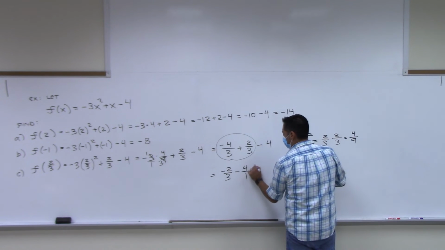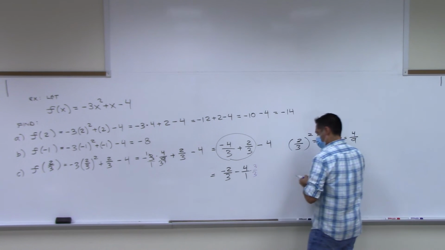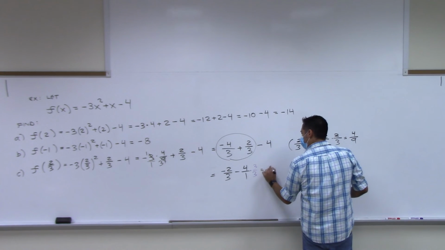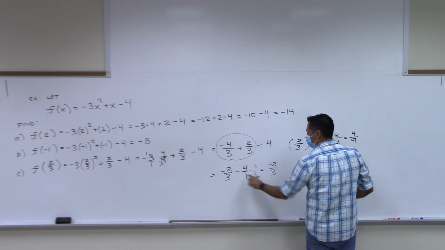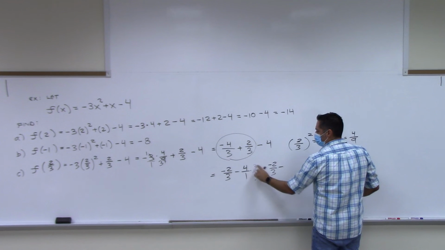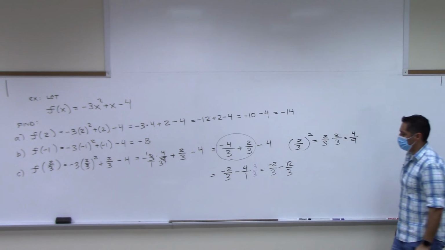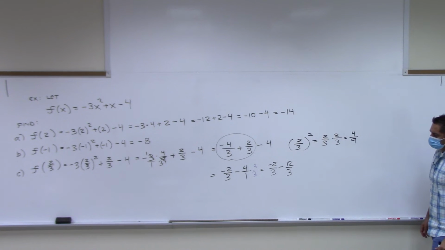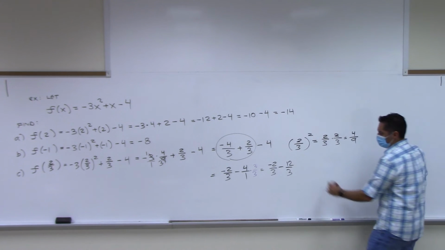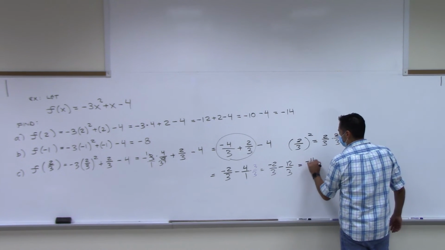So I multiply top and bottom by 3. And I should have here -2/3 and then minus, multiply across, 12/3. And now I can put them together. What is that going to be? -14/3, good.